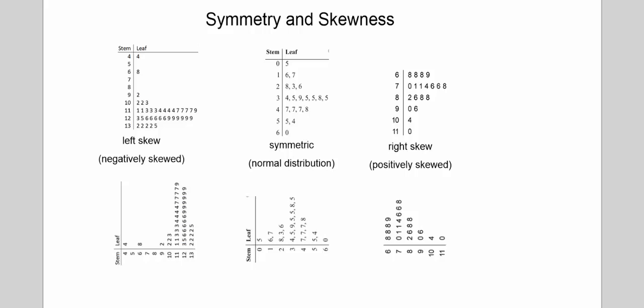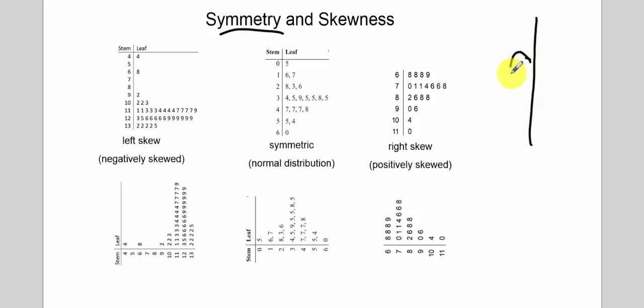So when we talk symmetry and skew, what we're talking about is the shape of the graph. Let's talk about a symmetric graph first. If something is symmetric, then we know that it can be flipped.